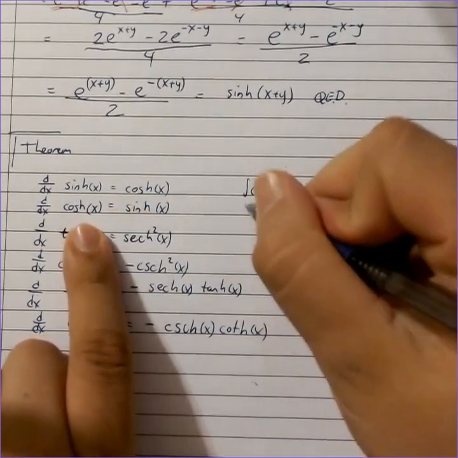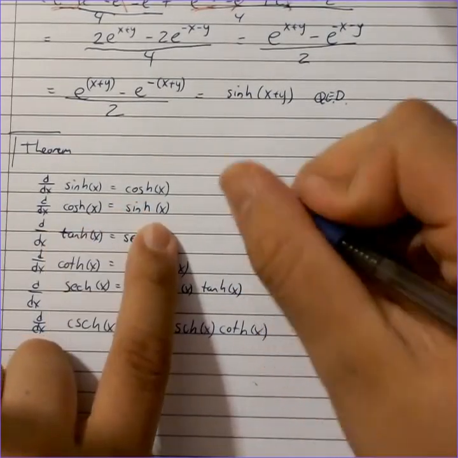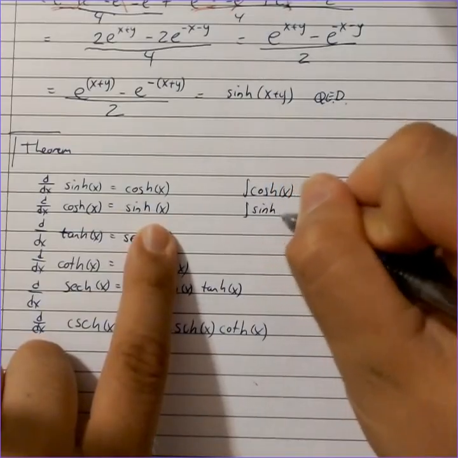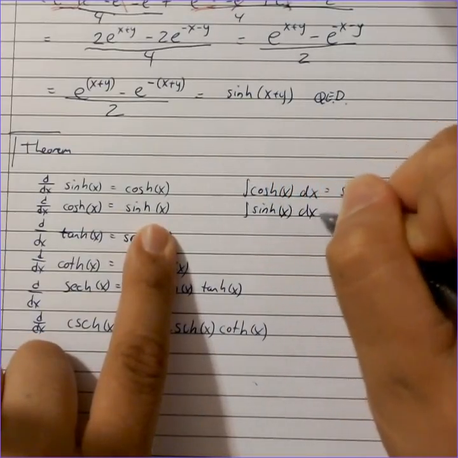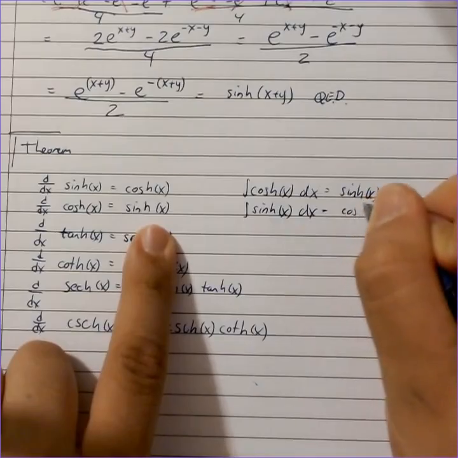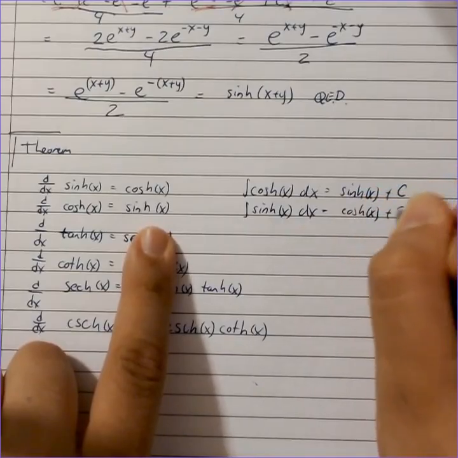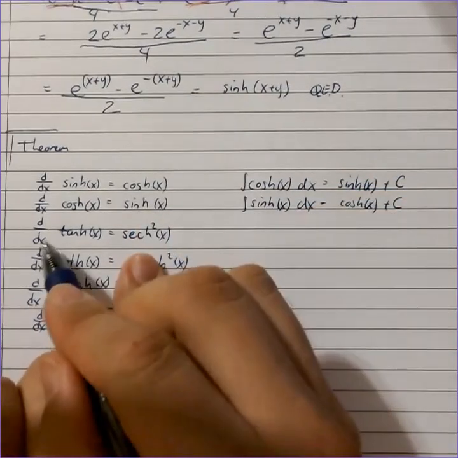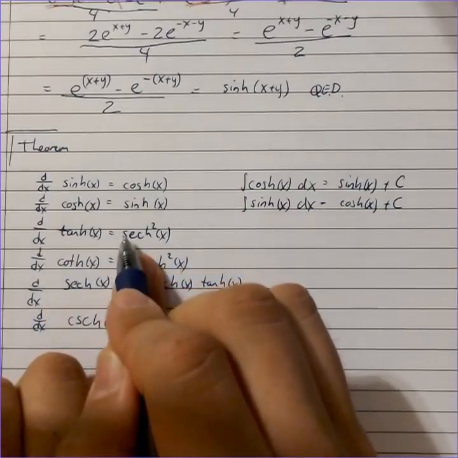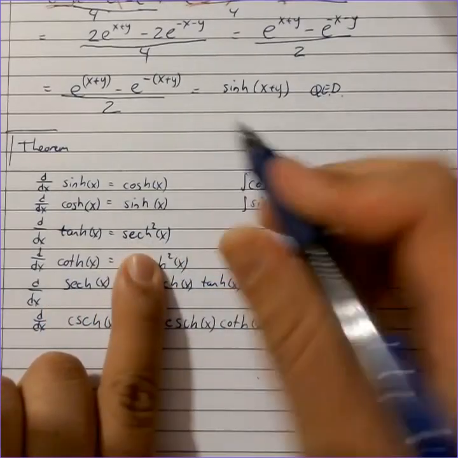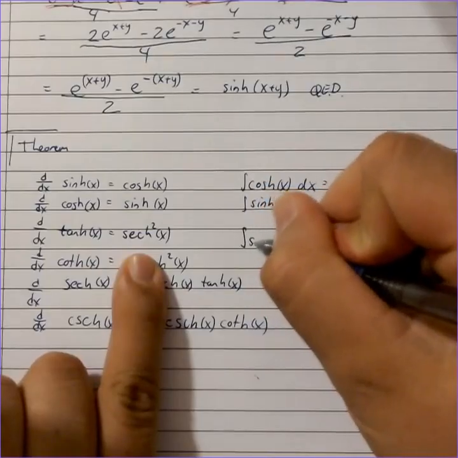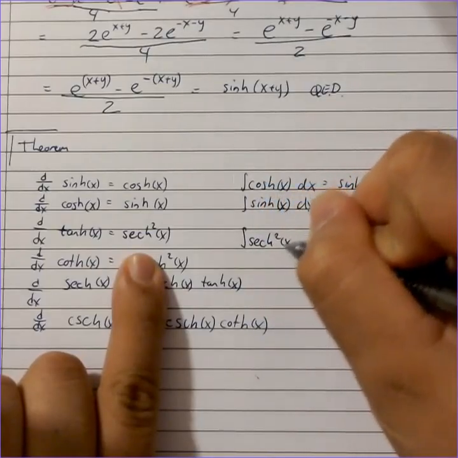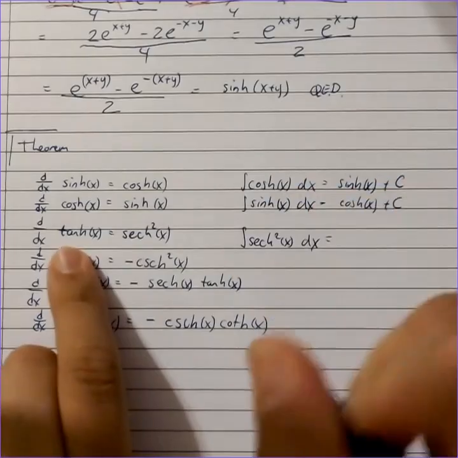And likewise for this one, the derivative of cosh of x is sinh of x, so the antiderivative of sinh of x dx is equal to the cosh of x plus a constant of integration. Here, the derivative of the tangent of x is sech squared of x. So that means that the integral of sech squared of x is going to be the tangent of x.